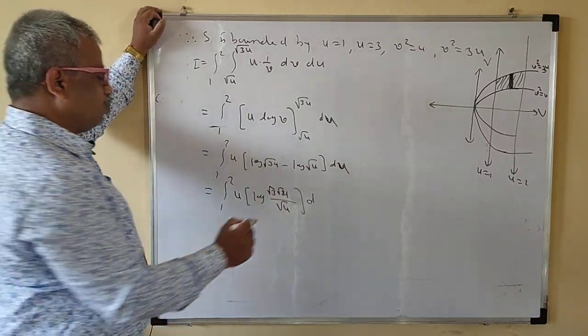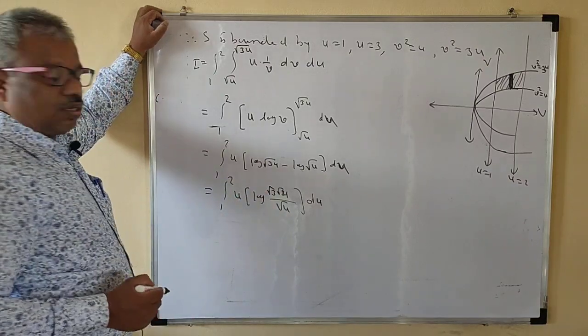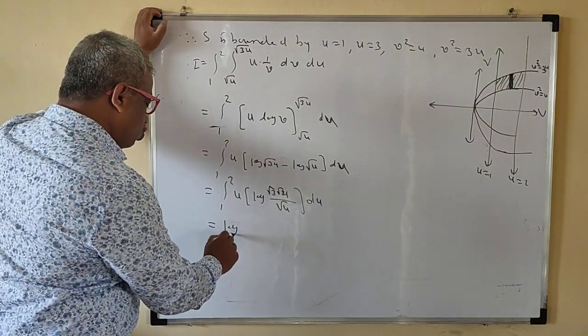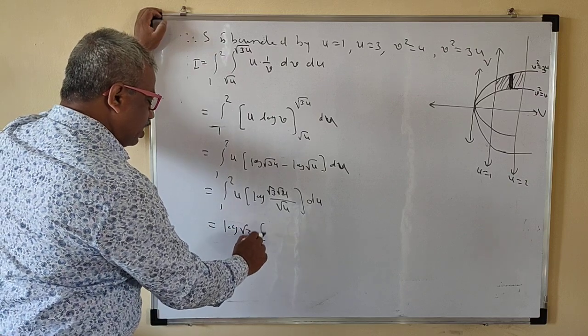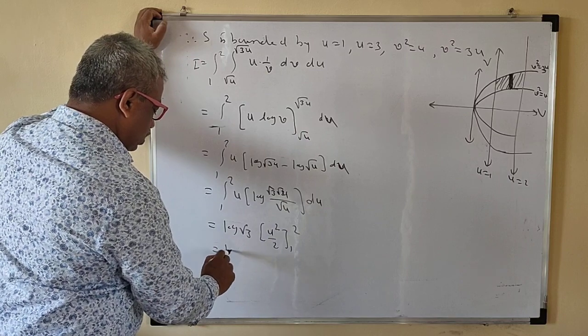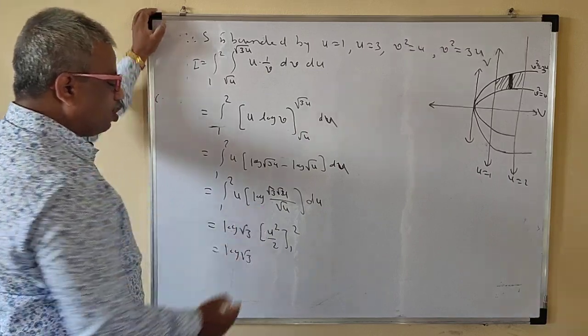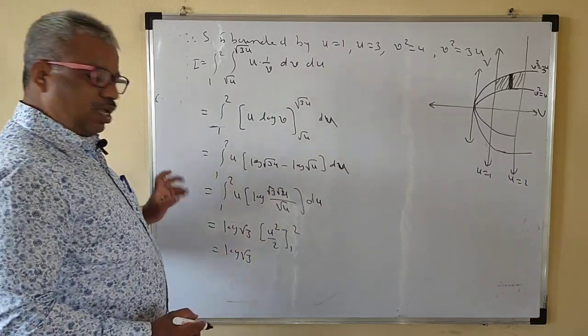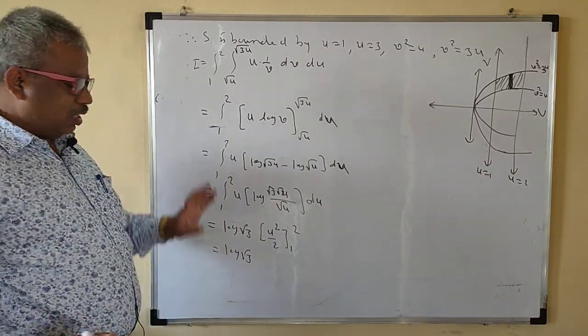Now root u gets cancelled. This is log root 3. I can take log root 3 common now and integrate u, which is u square by 2, from 1 to 3, times log of root 3. You may write this as half log 3 also.